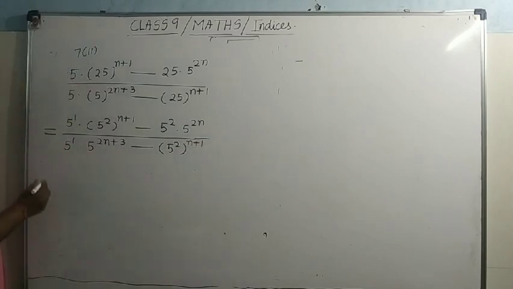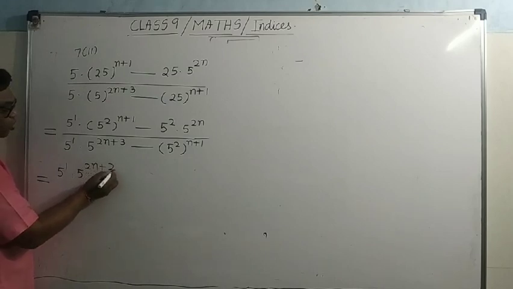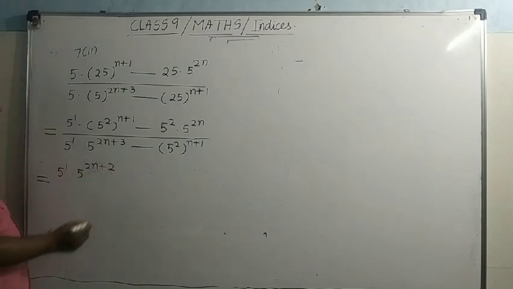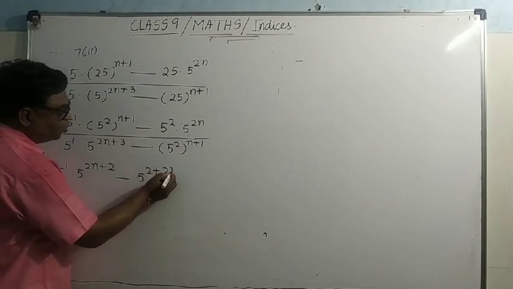Now you open the bracket. So 5 to the power 1 into 5 to the power, when powers will multiply, 2n plus 2, minus 5 to the power 2 plus 2n.